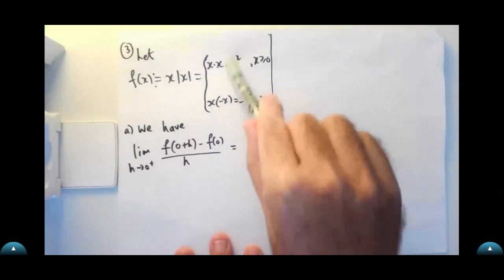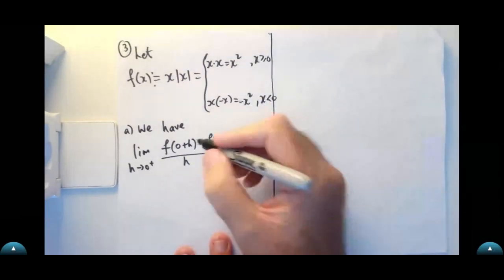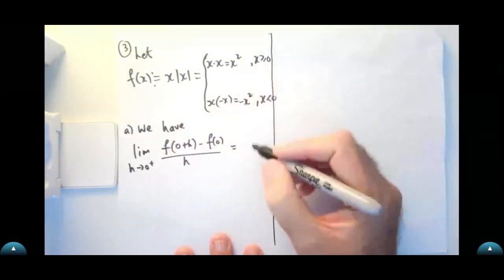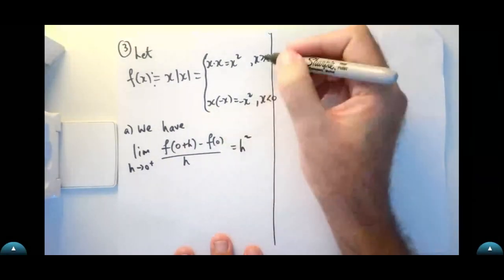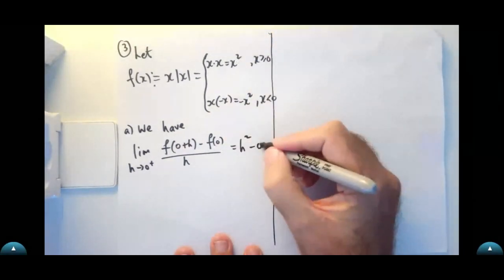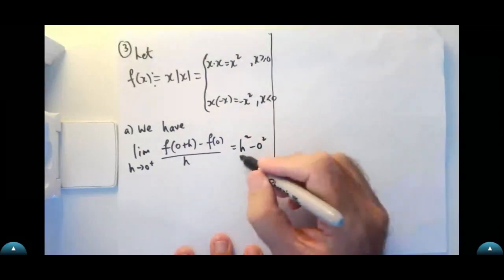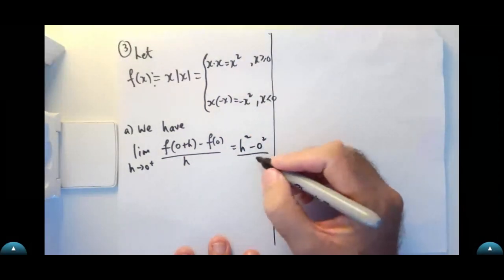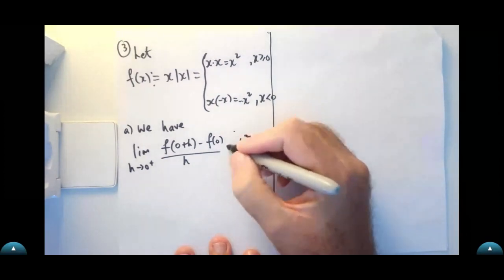So this will be our function here. Okay, it's not this part, it's this part. We're coming in from the right. So this will just be h squared. At x equals 0, our function is just 0 squared. And then we get h on the bottom, sorry, I need to put a little limit in there.